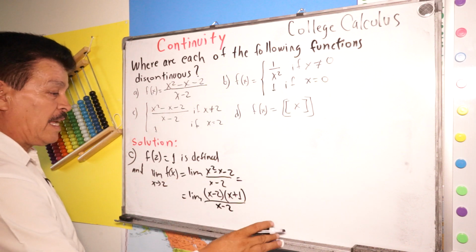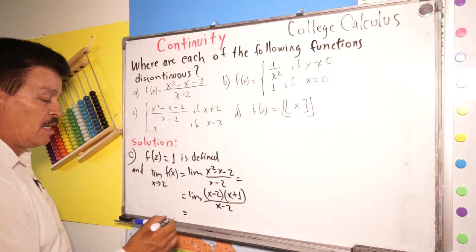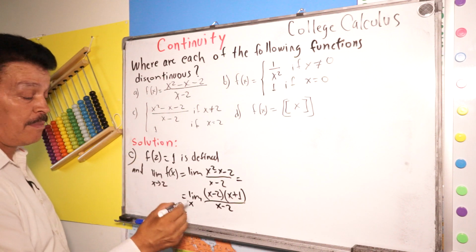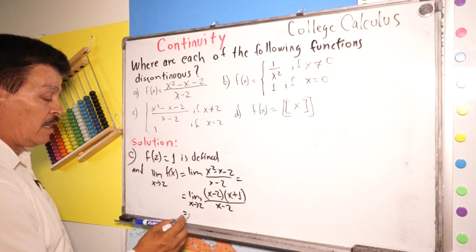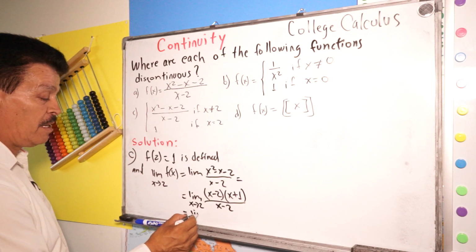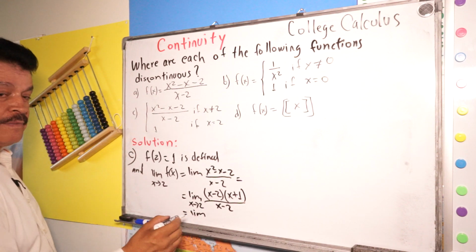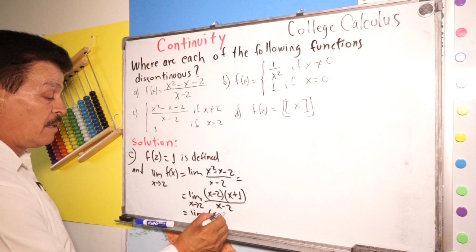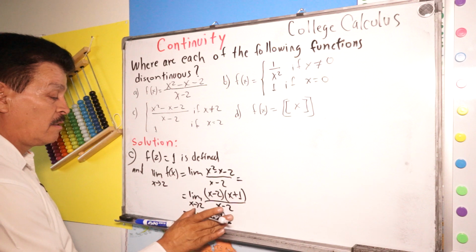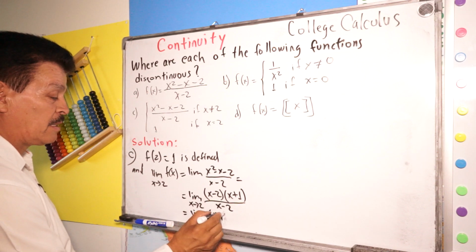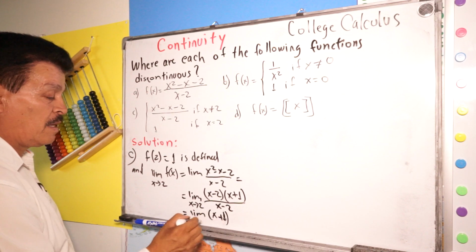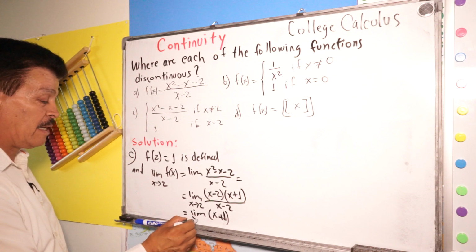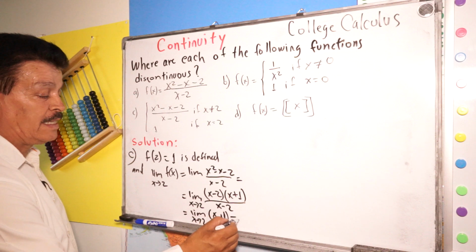So this is equal to the limit when x approaches 2, and the conclusion is the limit of x plus 1 when x approaches 2 equals 3.